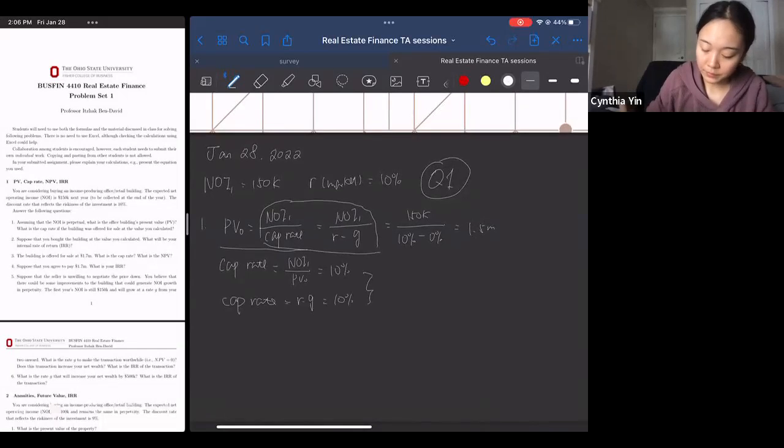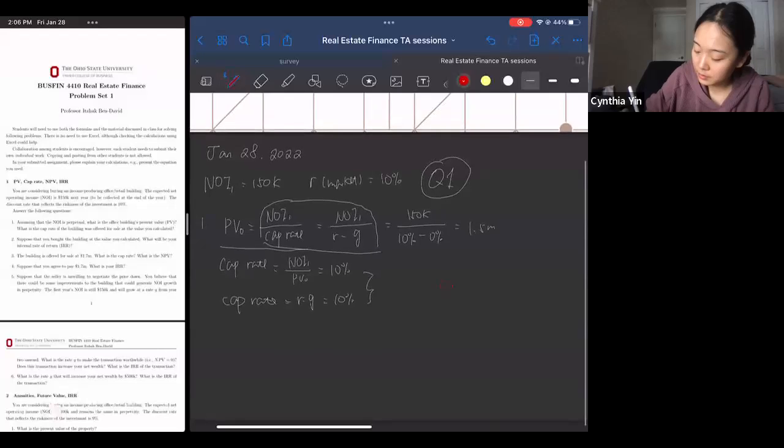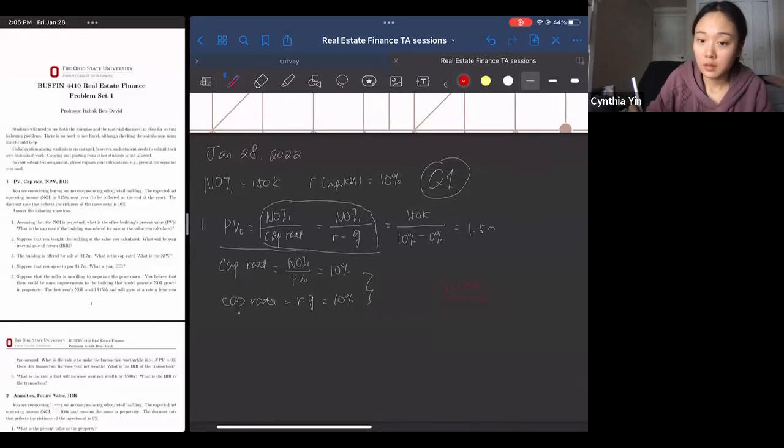This is an easy one. But one thing I want to emphasize here is the cap rate. The cap rate definition assumes perpetuity.